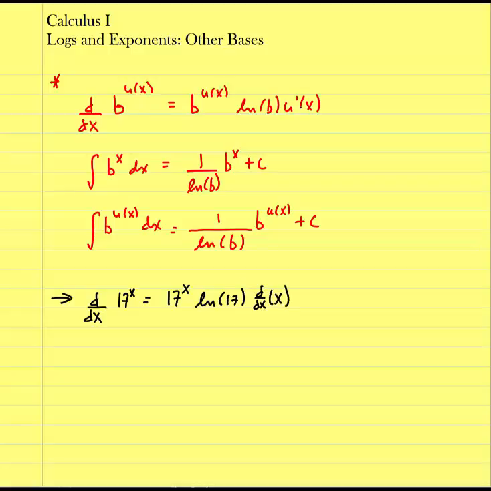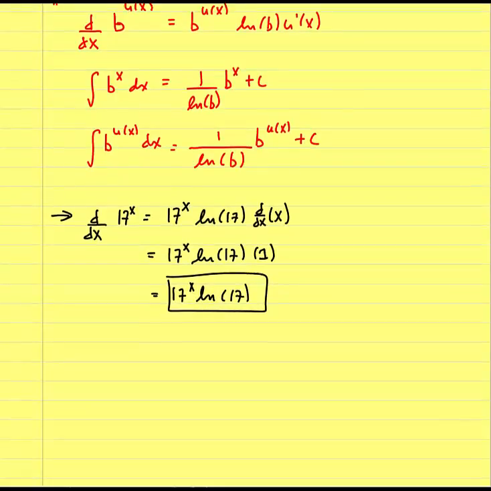And this is that u prime of x. Well, simplifying, we get 17 to the x, natural log of 17, and the derivative of x is just 1. And of course, multiplying by 1 is a multiplicative identity, so we could just rewrite this as 17 to the x times the natural log of 17. So this is my derivative, which of course is the slope of the tangent line at any defined point along the graph.